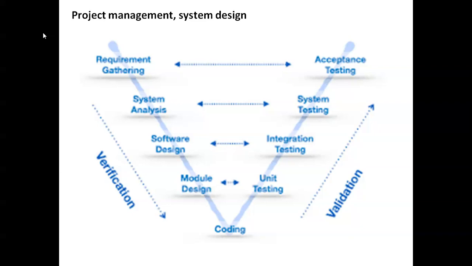Then system testing, which checks the system analysis. And acceptance testing, which checks the requirement gathering. So coding to acceptance testing, we can say is the validation part. Requirement to coding is the verification part, and coding to acceptance testing is the validation part.